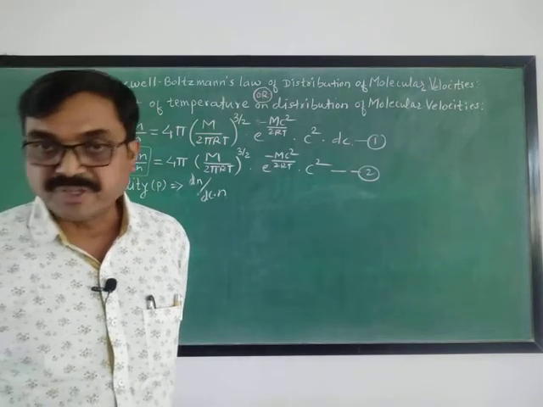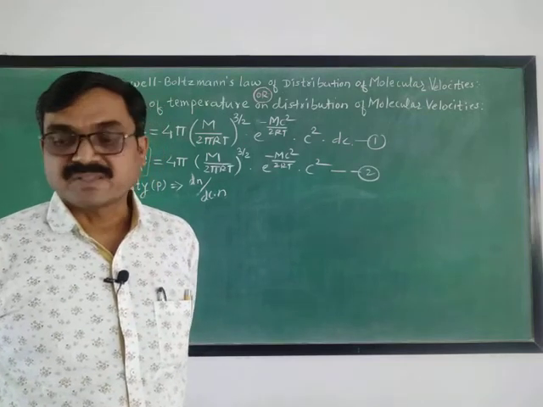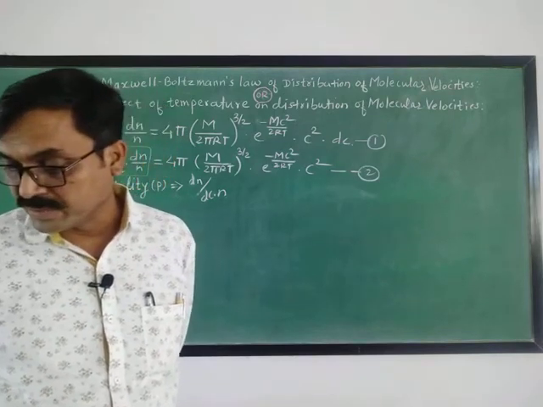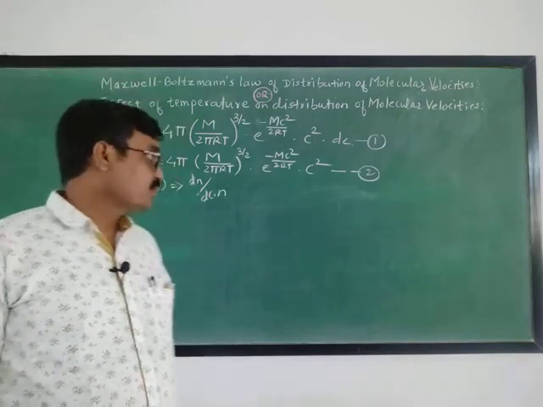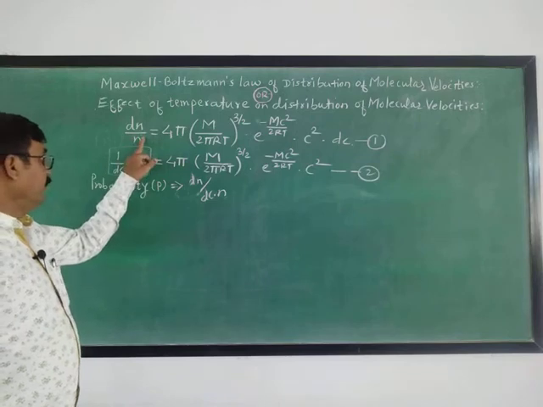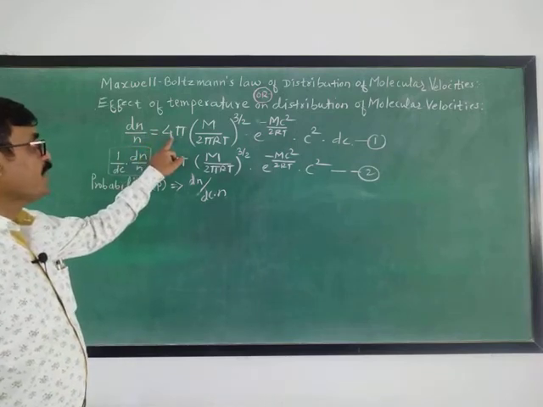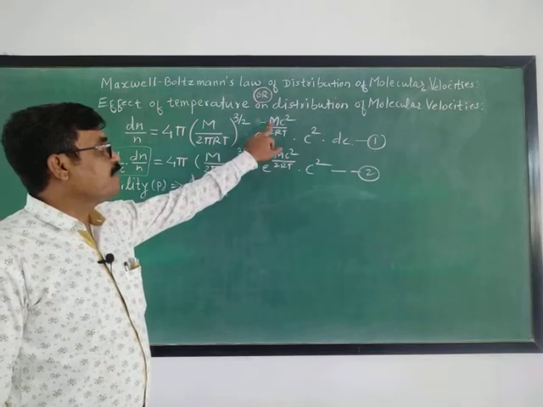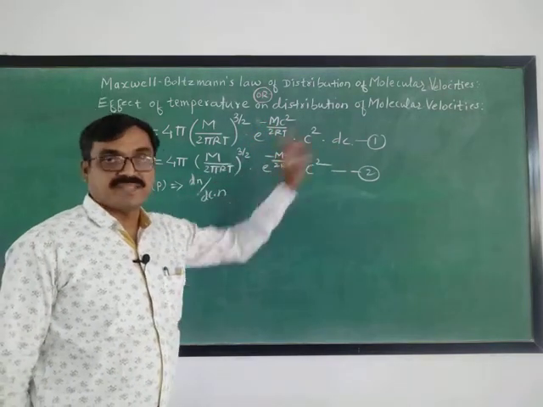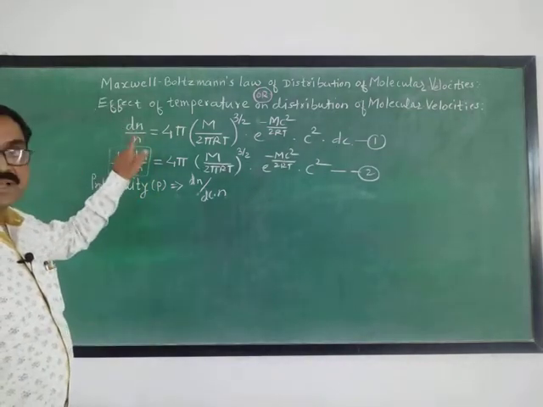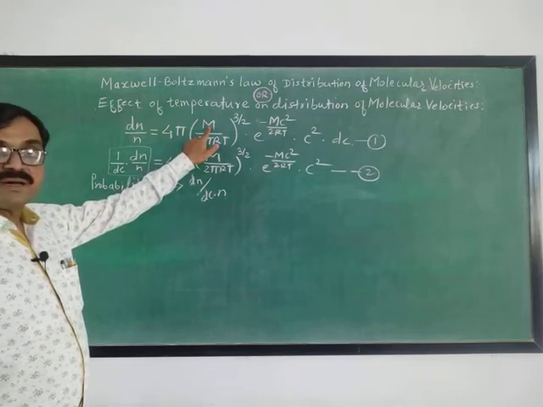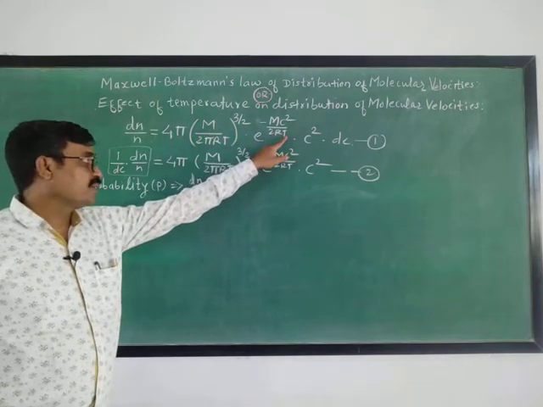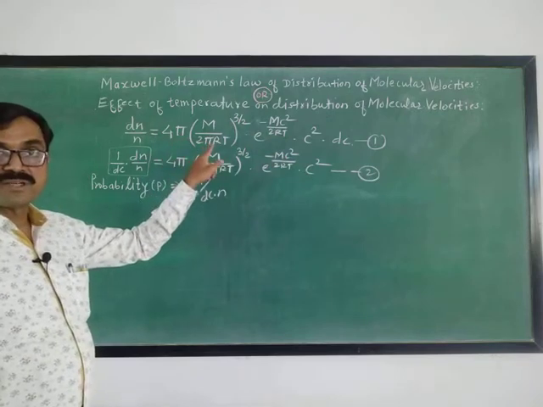Now the probability distribution is explained by Maxwell and Boltzmann, and the equation which gives the distribution of velocities among the molecules is dN upon n equals 4 pi into (m upon 2 pi RT) raised to 3 by 2 into e raised to power minus mc square upon 2RT into c square into dc, where n is the number of gaseous molecules, m is the molecular weight of that gas, and the remaining terms are gas constant R, T absolute temperature, 4 pi constant, 2 pi constant.